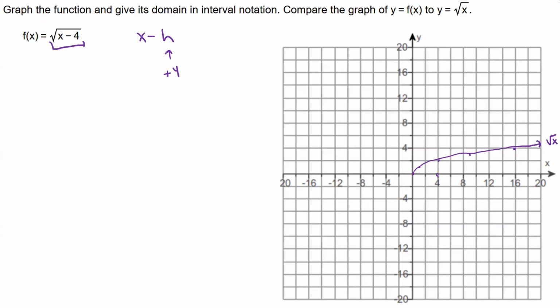If we think about that, we could just plot points. If we plug in x is 4, then we get 0. If we plug in 5, we get 1. Then the next biggest one, we plug in 8. That will give us 4, which will be 2.